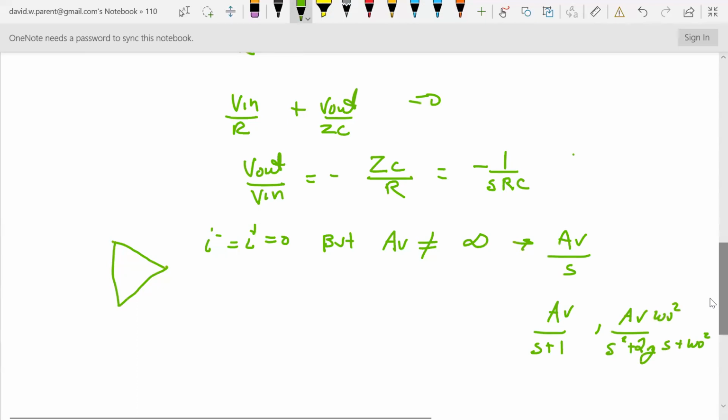I'll put an omega naught there. Okay. I see you, and so what I'm saying is, right now, everything we've done so far, ideal op-amps.